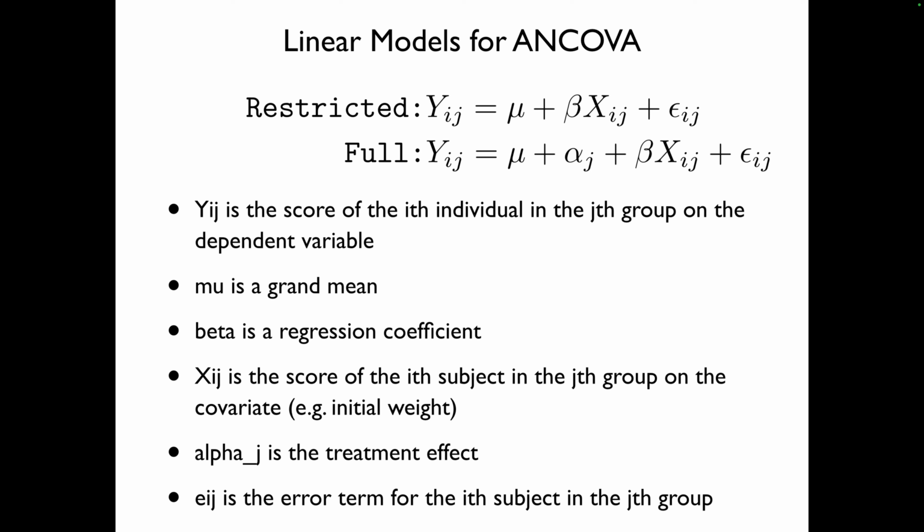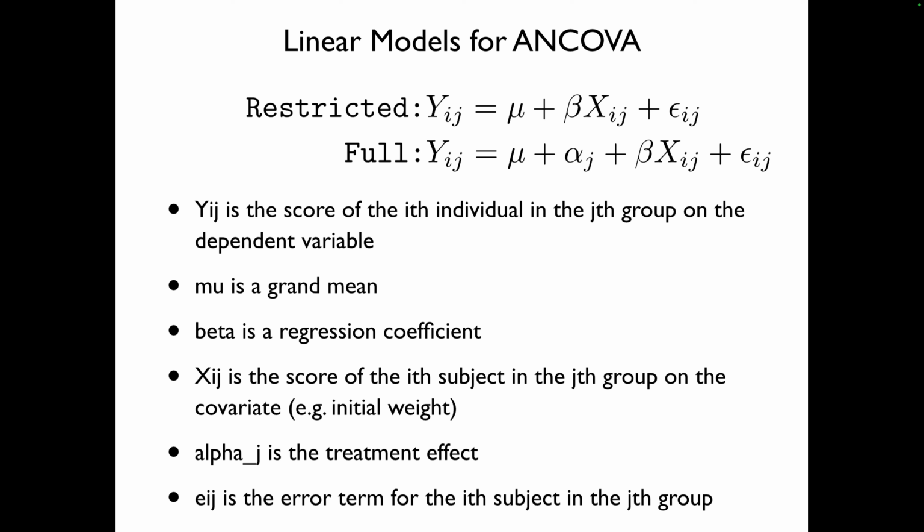In the restricted model, each score on the dependent variable y, the ith score in the jth group, would be proposed to be equal to mu, some grand mean, plus beta times x_ij, where x is the covariate, x is age.